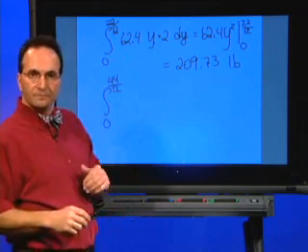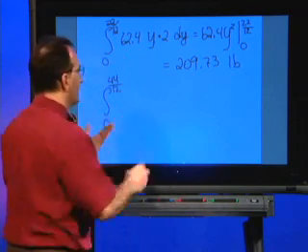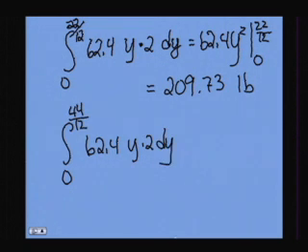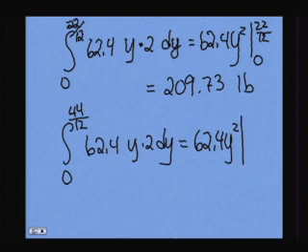We still need our 62.4, and our height would still be considered y, and we're still looking at the width of the tank remaining at 2. So we actually have the same integrand inside, so we know that that will be 62.4 y squared evaluated from 0 to 44 twelfths.